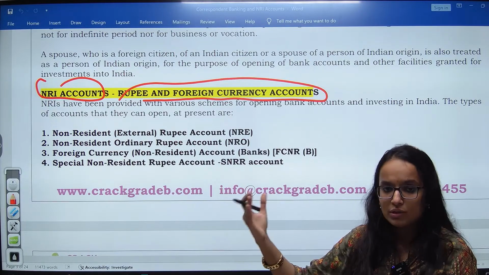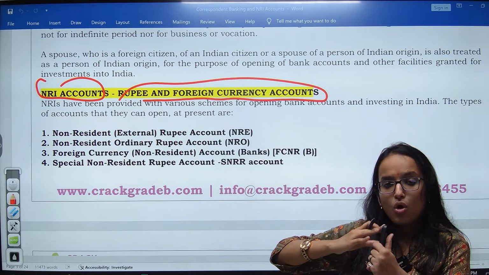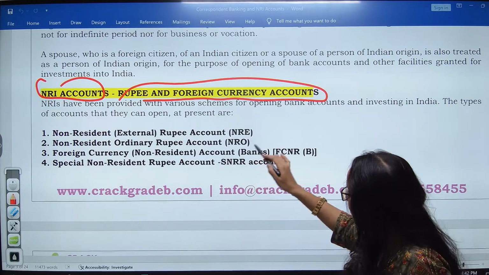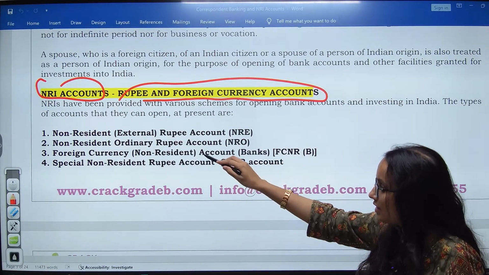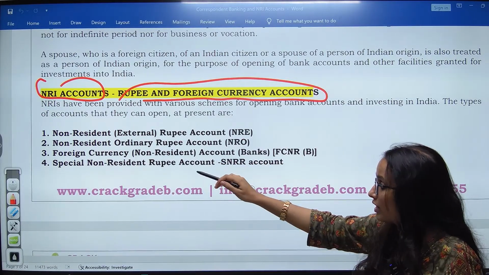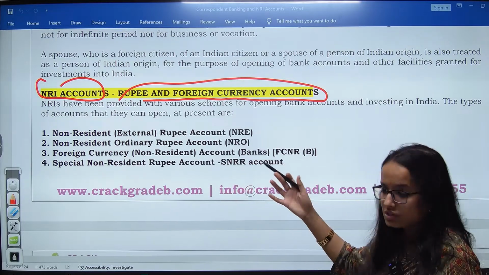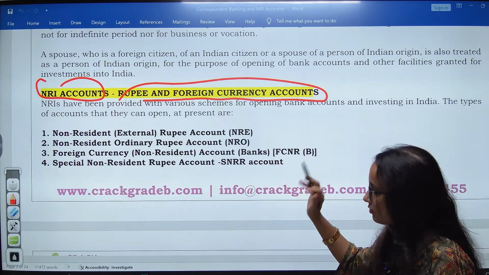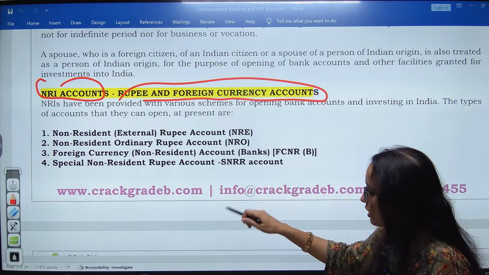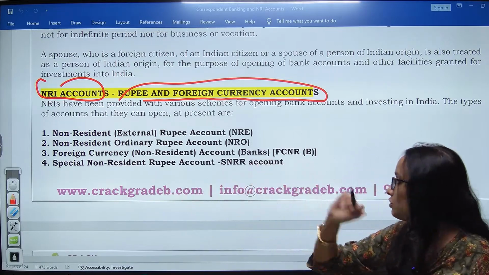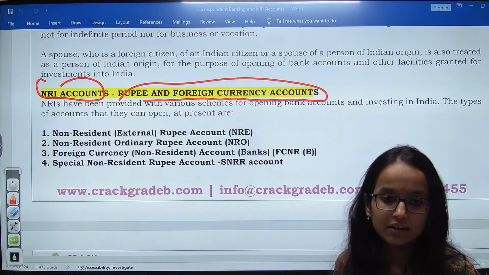We'll also try to know all the differences between your NRE account, non-resident external rupee account, non-resident ordinary rupee account, foreign currency account which is FCNR(B), and a special non-resident rupee account, SNRR account.